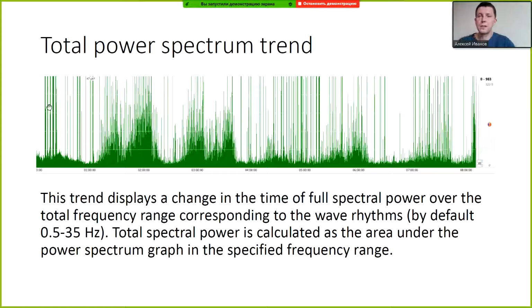The next trend is the total power spectrum trend. This trend shows us the total power spectrum over time. Total power is calculated as the area under the spectral graph from 0.5 up to 35 Hz. This trend shows us areas during our examination where the EEG total power spectrum is higher and where it is lower.